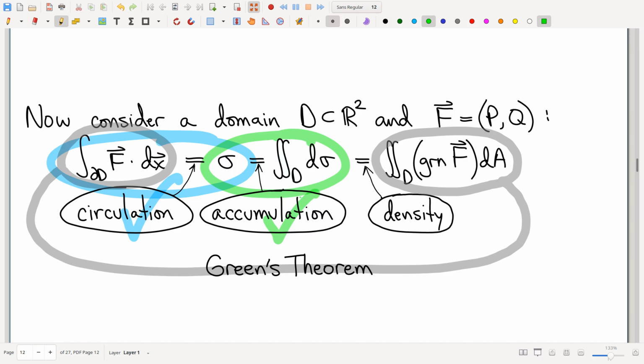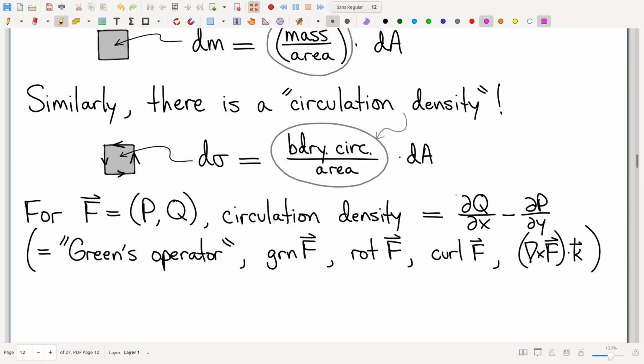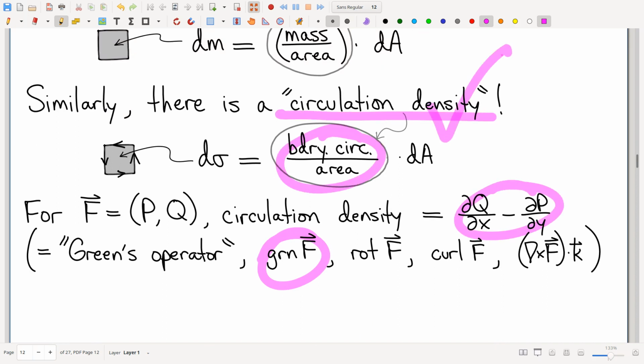And then I've got this idea that stuff is equal to stuff per unit size times size, where stuff per unit size is my associated density. And again, what I like to call Green's operator, as we saw up here, is just another notation for what I think you should interpret as circulation density.